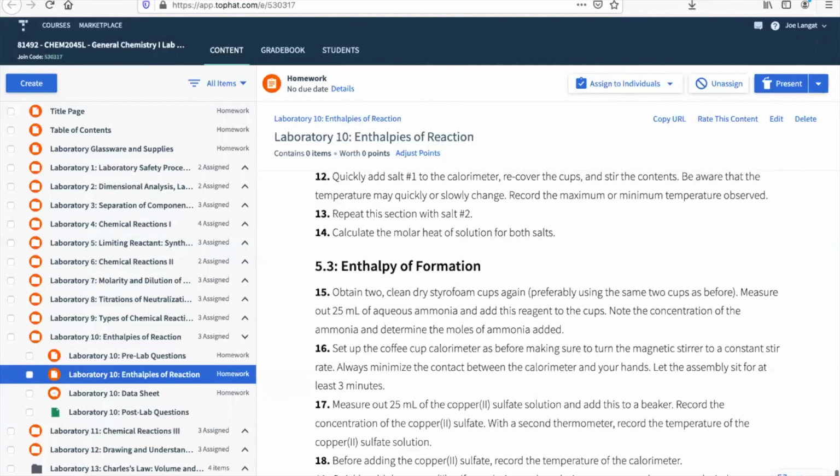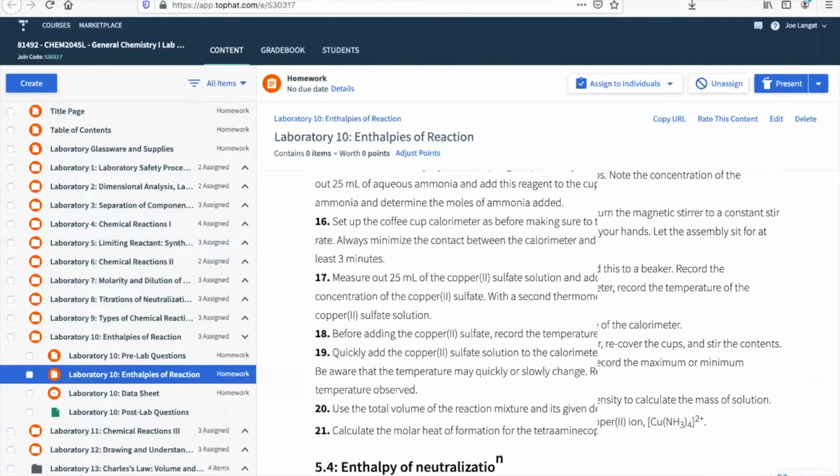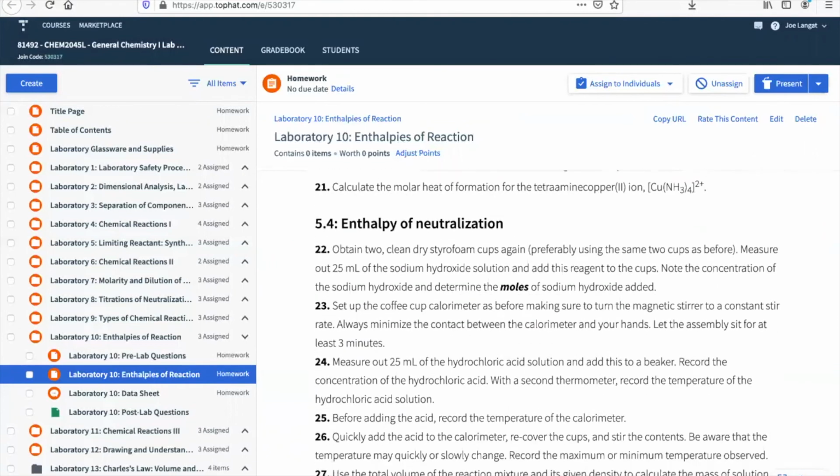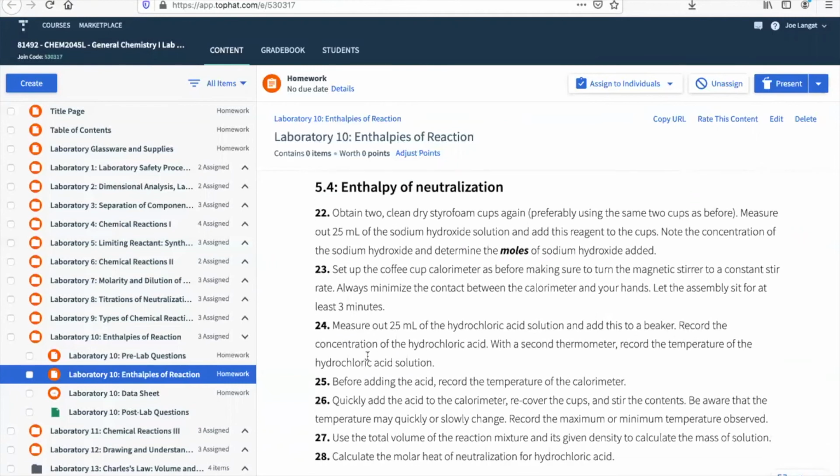And now, with that, you got to read the directions, how much of what is required. Look at step number 22. Measure out 25 ml of sodium hydroxide. You will be given the concentration, so you take note of the molarity, and then you calculate the number of moles.